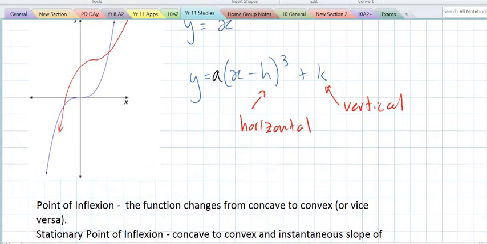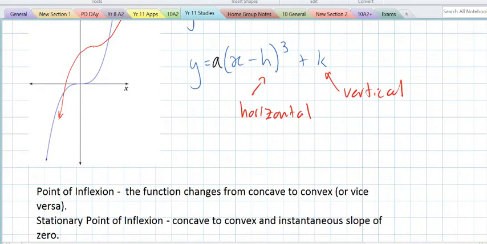Alright, so point of inflection is when the function changes from concave to convex, or vice versa. Convex, concave. And you're all familiar with concave and convex? Concave is the little man in the cave. So this part here is concave, and that part there is convex.